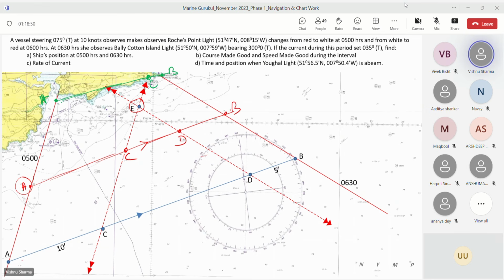And when he takes 5 miles, D will come here. Correct? Now, again, through C, when he transfers the first PL, transferred will come here only. Through D, he transfers the third PL, that will come here only. So in that case also E would remain here. Yes or no? Yes, sir.